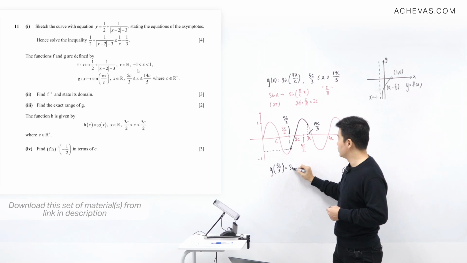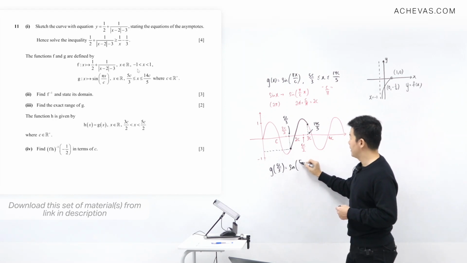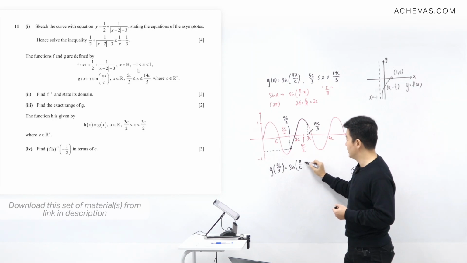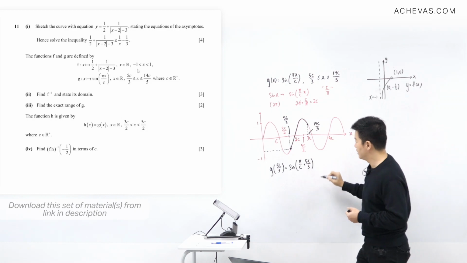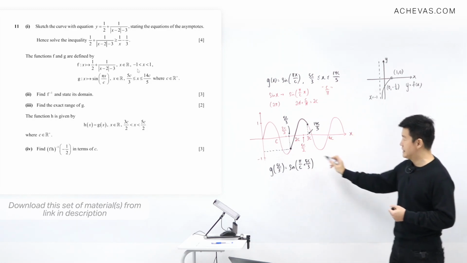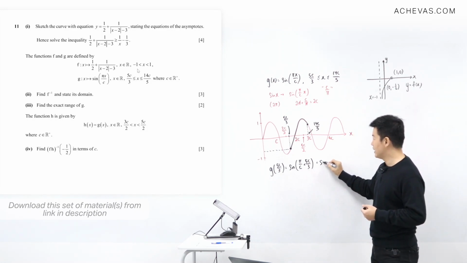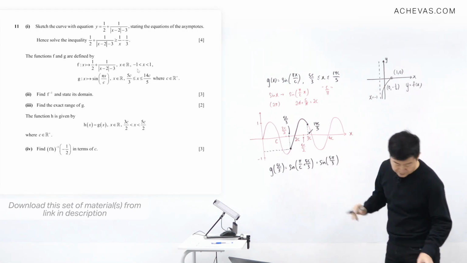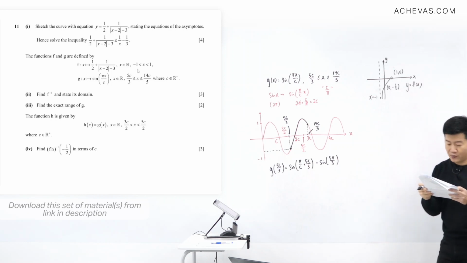This is going to be equal to sine of pi x, where x is going to be this, 3 over 5c. So this multiplied by 5c over 3. The c and c can be cancelled. We are going to be looking at sine of 5 pi over 3.